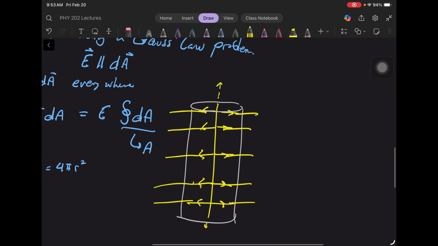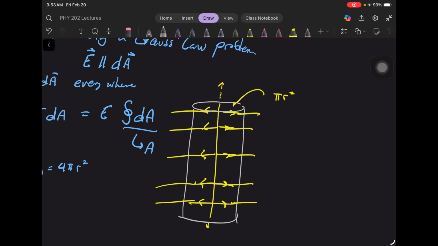And so here, what's the area of a cylinder? We have pi r squared at the top. Pi r squared there. And then we have some height h. All right, go ahead and label everything r. And so then we got the area for the top and bottom, the caps of the cylinder.